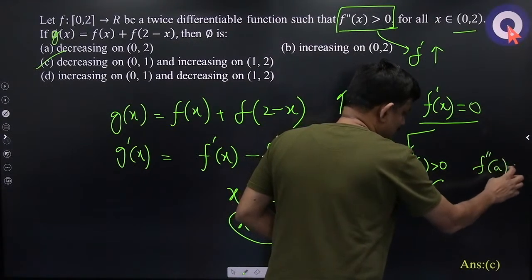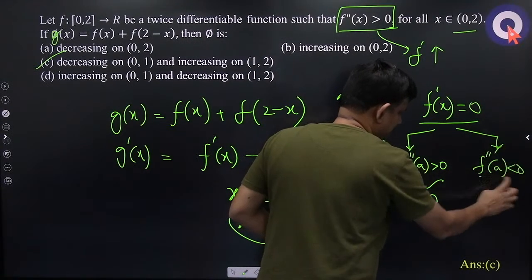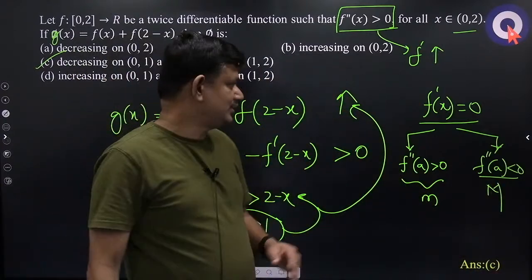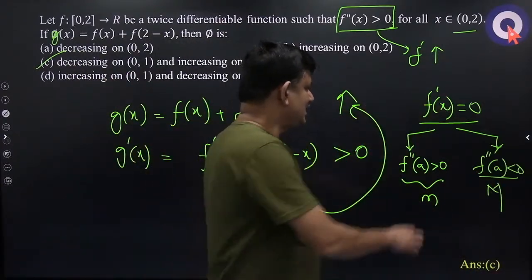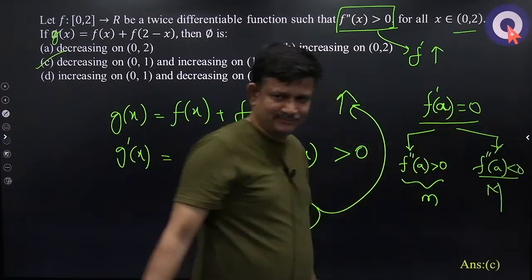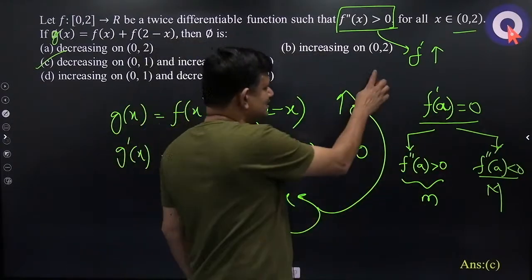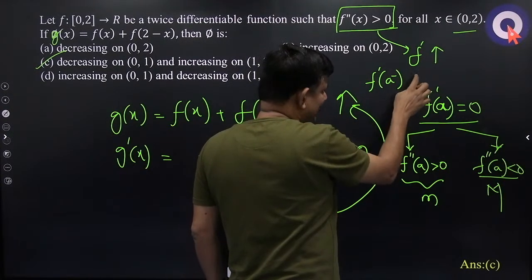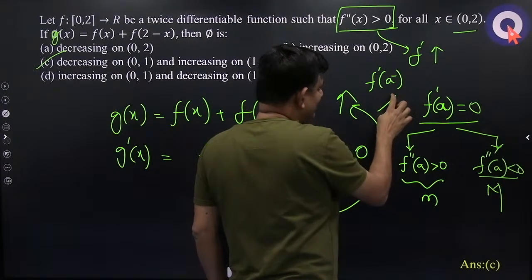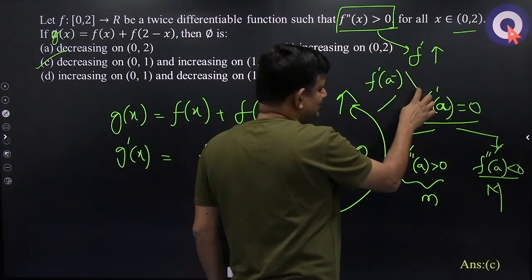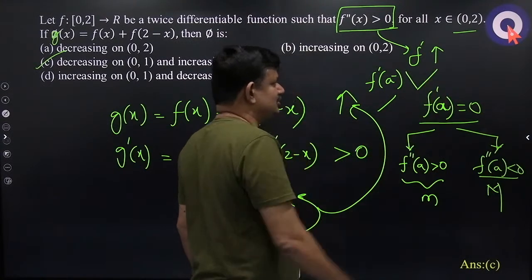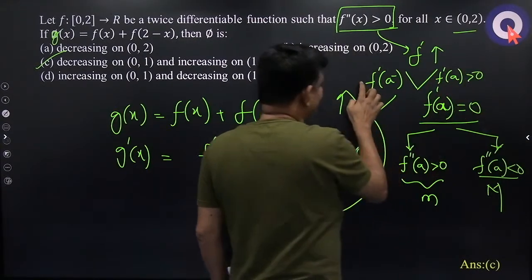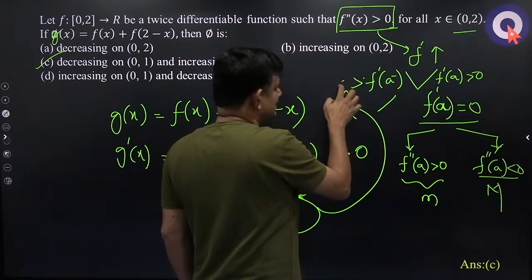Or most suitable is your first derivative test. Look at f dash a minus and f dash a plus. If f dash a minus is negative, that means initially the derivative is negative, the slope will be this way, and finally the slope will be positive. f dash a plus is greater than 0 and f dash a minus is less than 0.